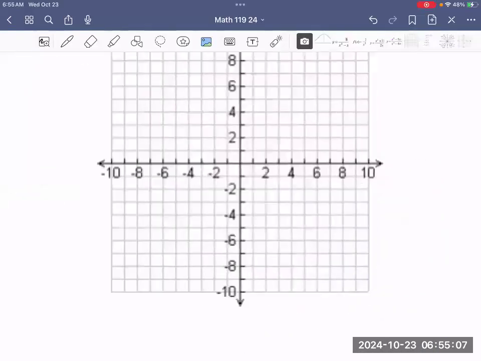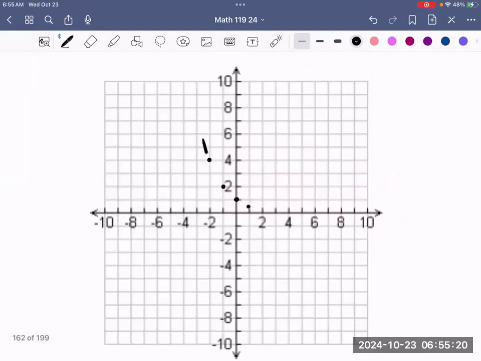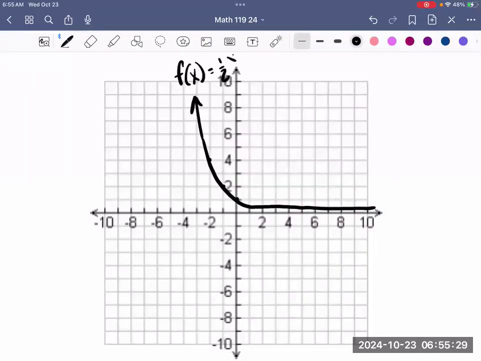You're going to take your graph here. Let's see, we had 2 to 4. So this was your parent graph, f of x is equal to 1/2 to the x.